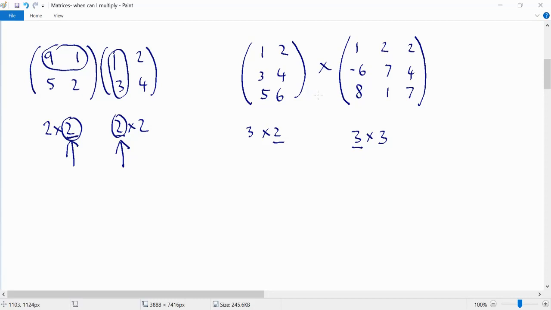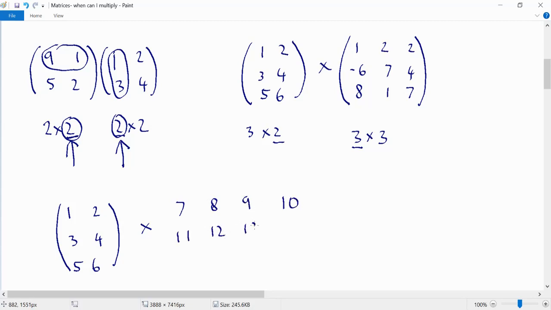So it's not possible. However, if we were to take the 3 by 2 matrix again, and this time multiply it by a matrix that looks like this, that means we've got a 3 by 2 matrix multiplied by a 2 by 4 matrix.